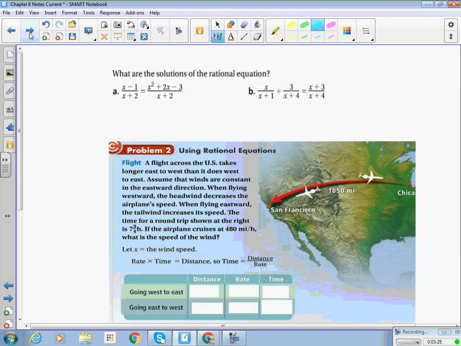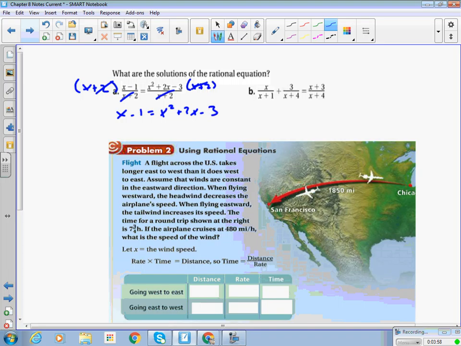So we're going to multiply the top by x plus 2 on each side. When you do that, the x plus 2's cancel, and I get x minus 1 equals x squared plus 2x minus 3. This is a nice quadratic equation.